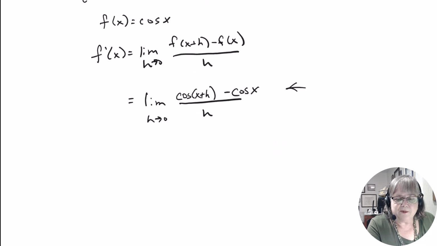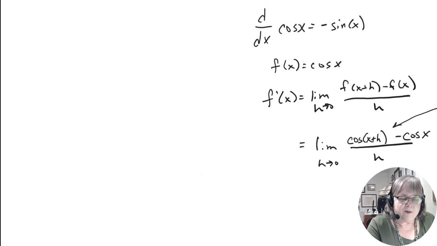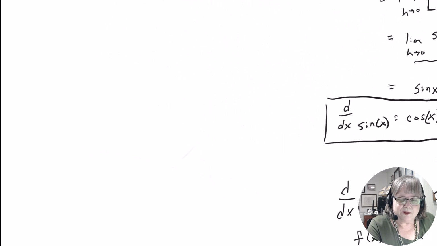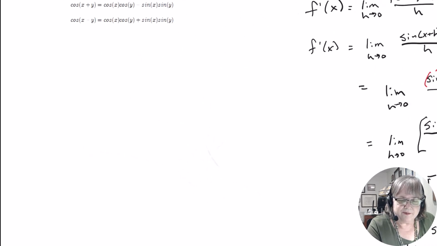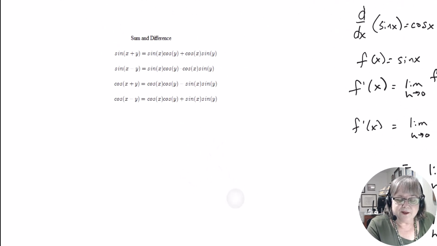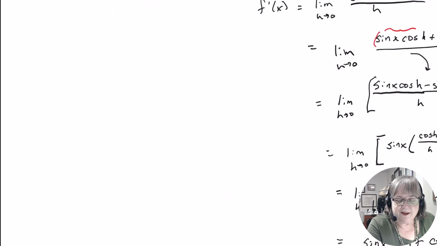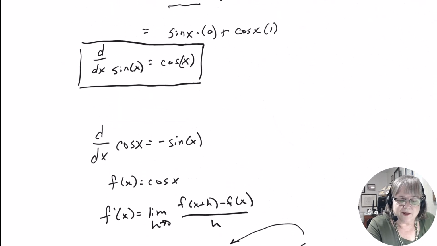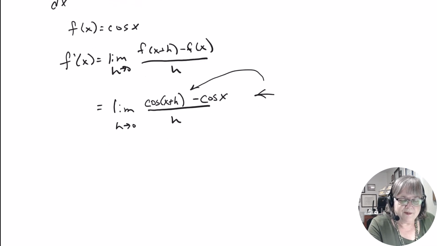Now see right here? Here's that sum or difference, but this time it's cosine. Remember, cosine goes somewhere way up here. Cosine goes cosine, cosine, sine, sine, and the sign in the middle is the opposite of what you start with.